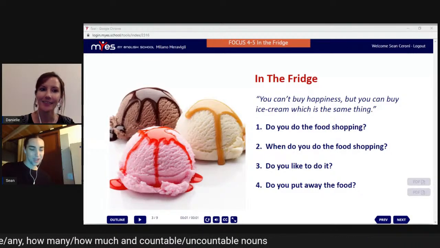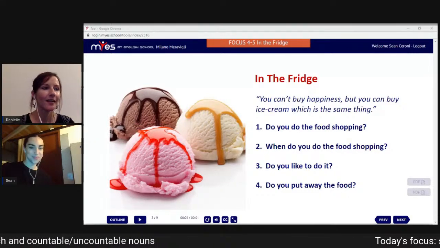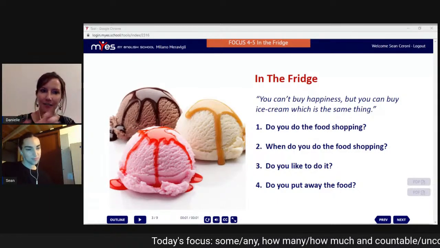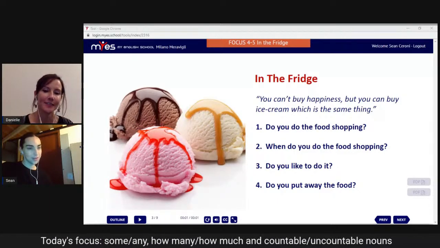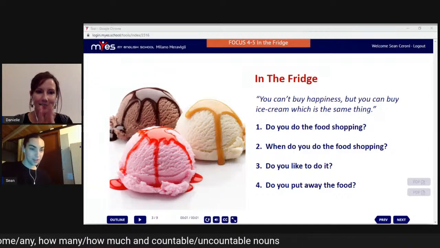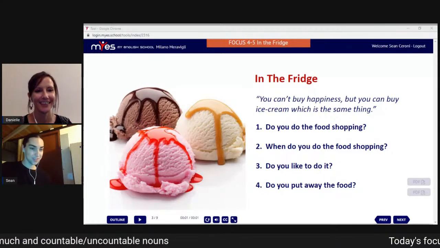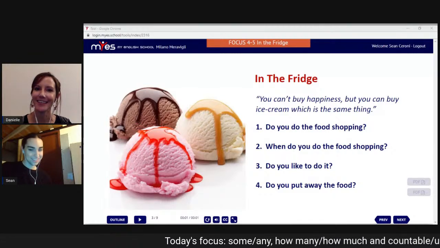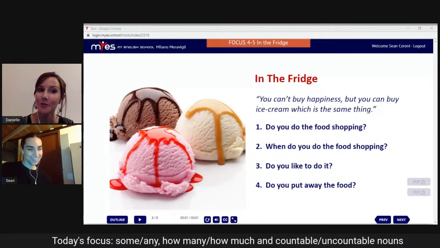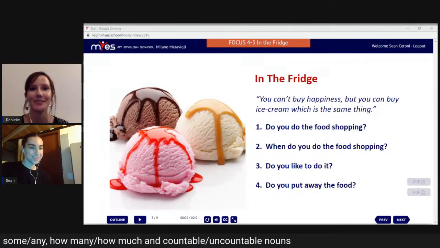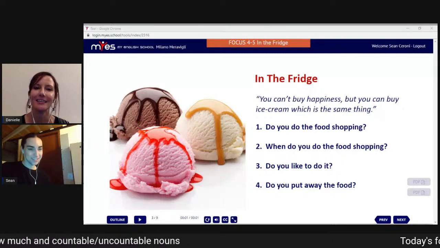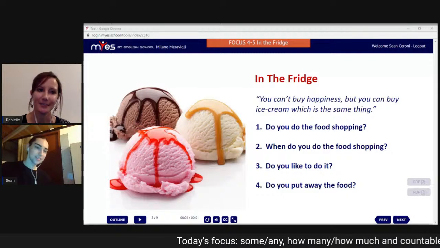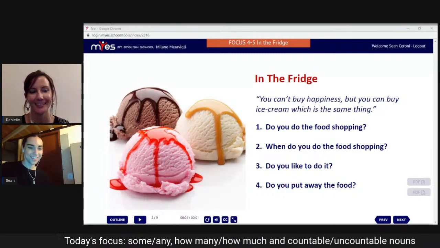So for the last one, putting away the food, again, it's 50-50. So I do half, and my husband does half. Do we divide everything in your home 50-50? Cleaning, cooking? No, I don't think so. My husband cooks more than I do because he really likes it, and I clean more than he does, unfortunately.